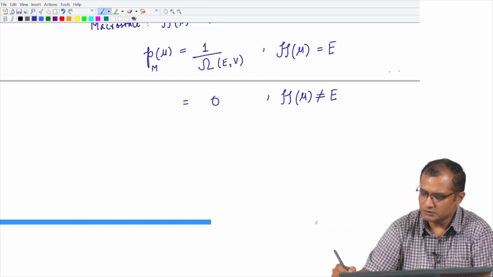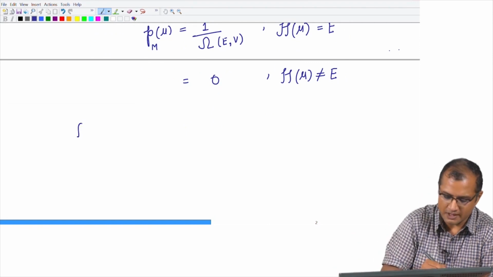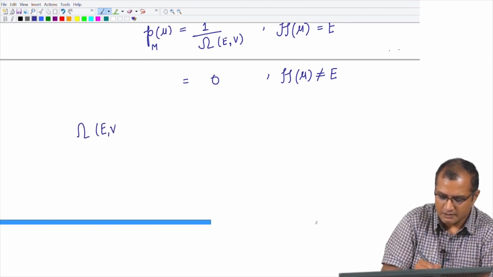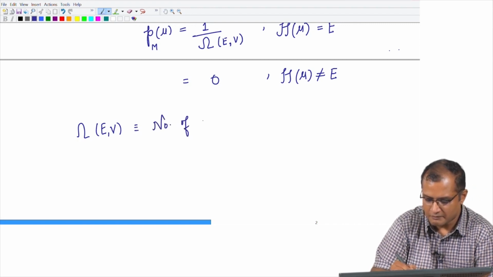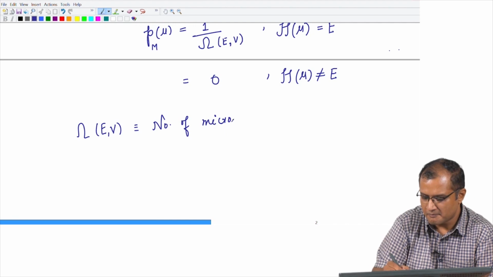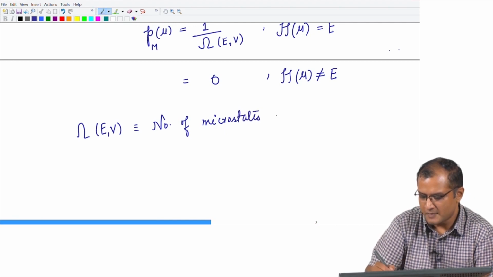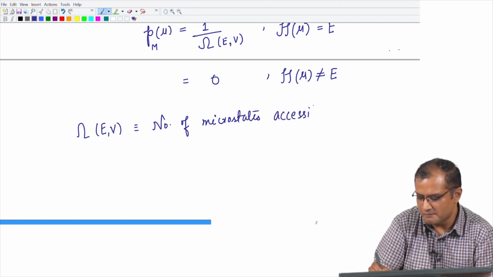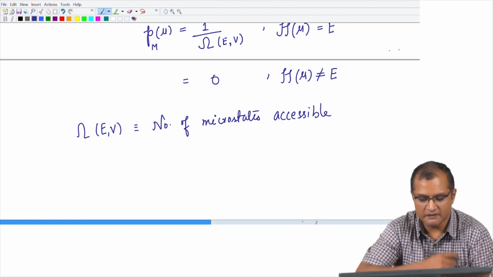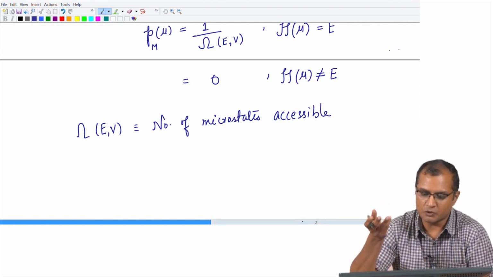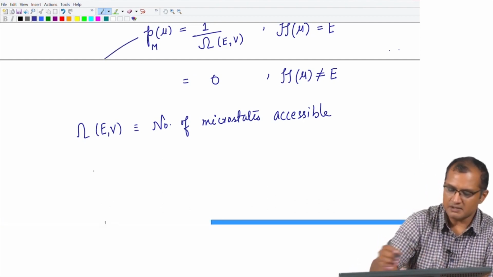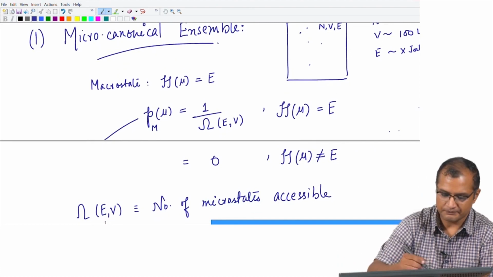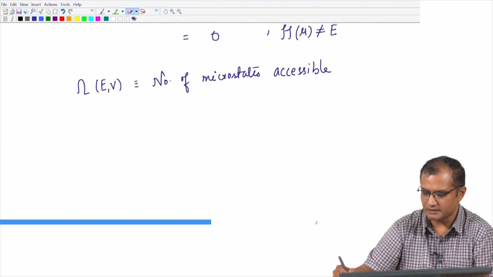So, omega here corresponds to the number of microstates accessible to the system, and the fact that I have taken each microstate to have a probability of 1 by omega essentially means the following.